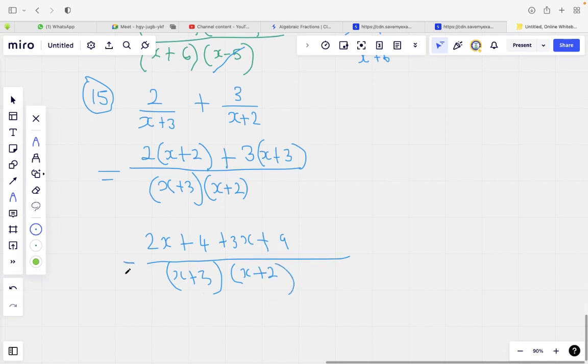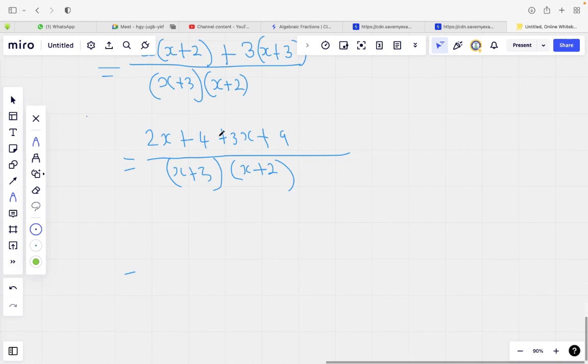So our next step is just to add the ones that are supposed to be added together, and we get our final stage. For example, 2x plus 3x, we get 5x in the numerator. We just collect like terms. And then 4 plus 9, we get 13.